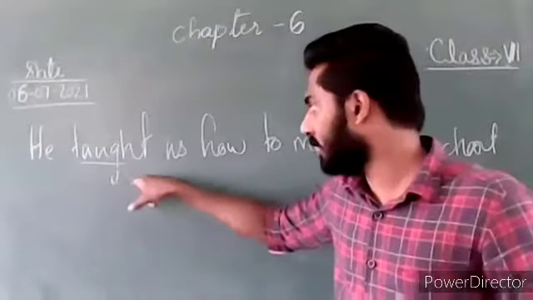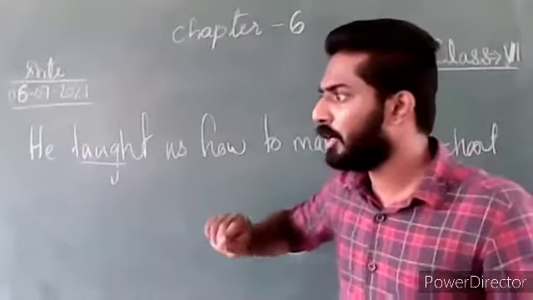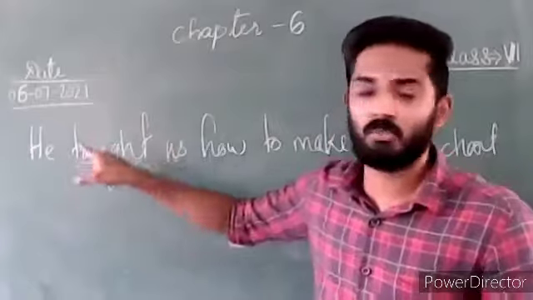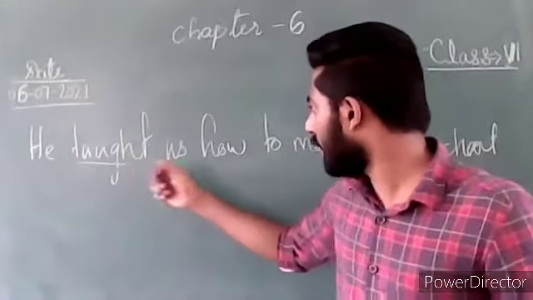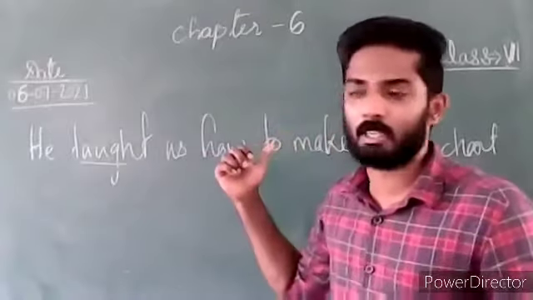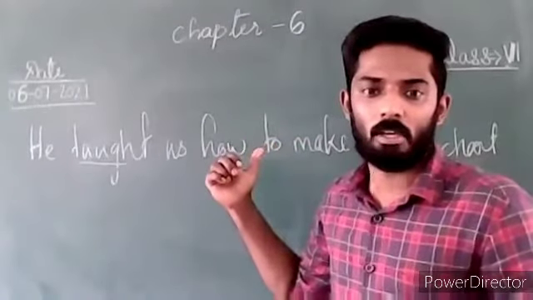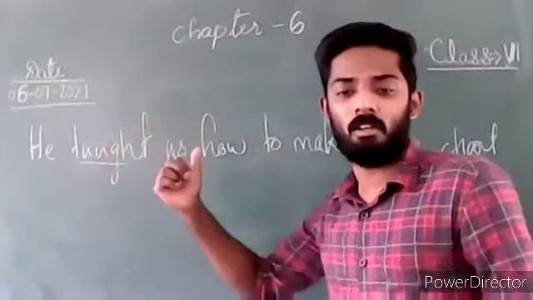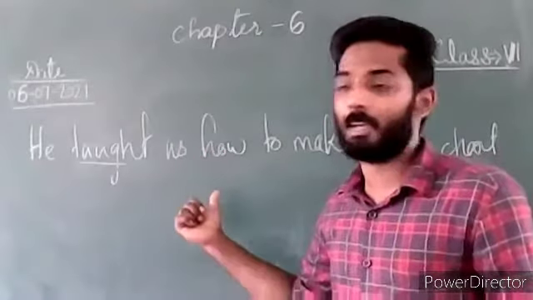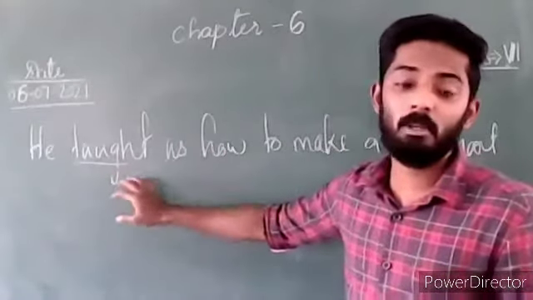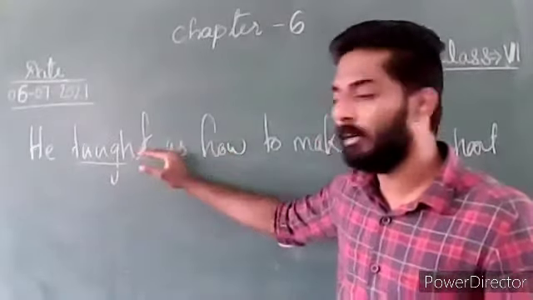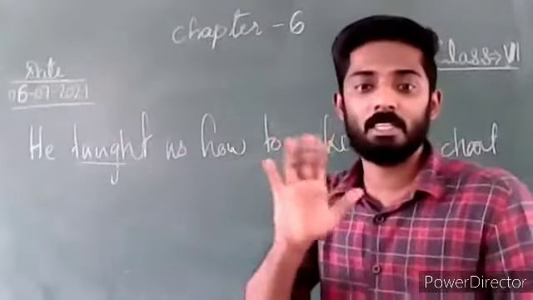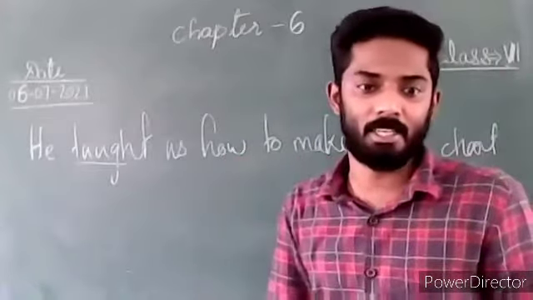For example, if we use teach instead of taught, how will it come? He teaches us how to make a pie chart, and it becomes the simple present tense. So with the help of the verb, we can change the form of the sentence.